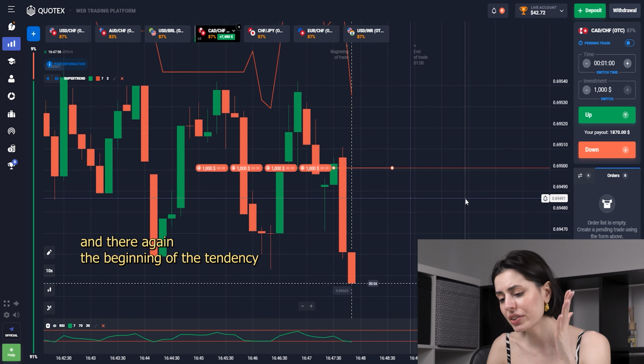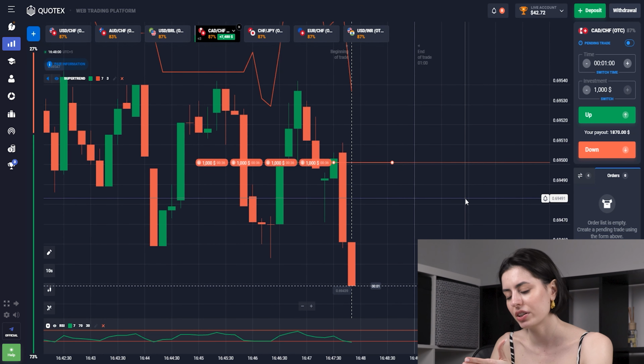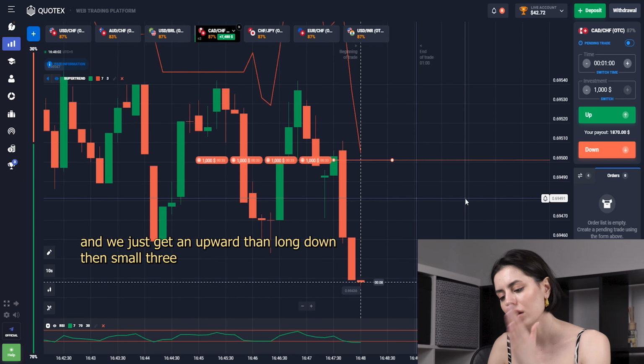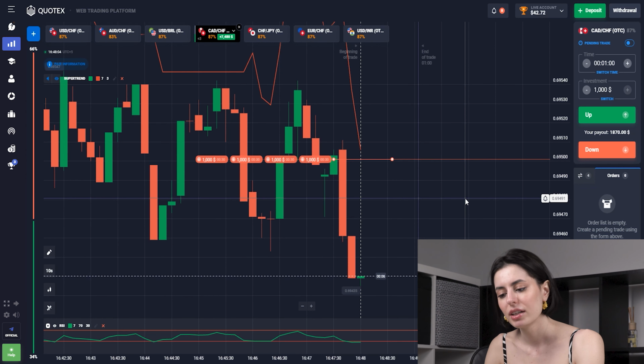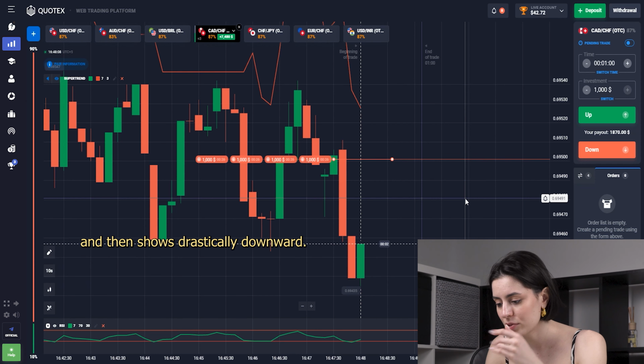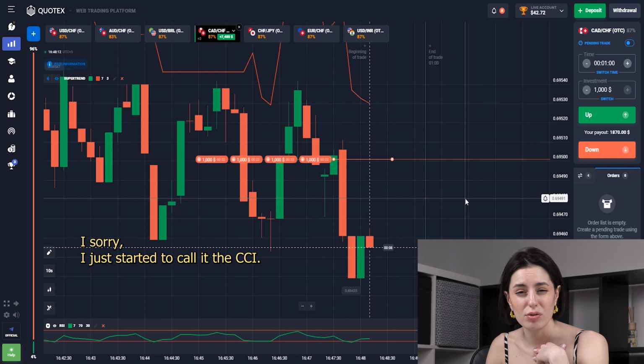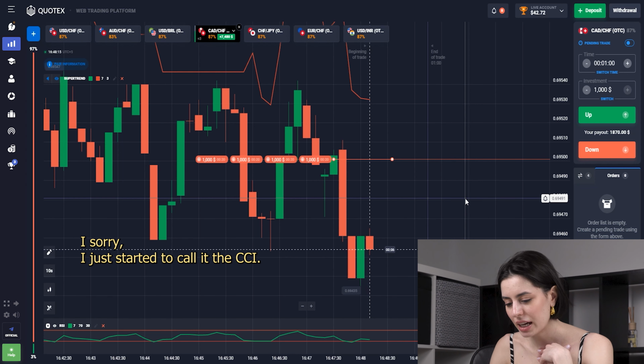Again, I entered at the beginning of the tendency. You may see that here is the perfect pattern: we're getting upward, then long downward, then smoothly, or sometimes drastically, upward, and then drastically downward. Look at the RSI, sorry, I just started to call it the CCI.